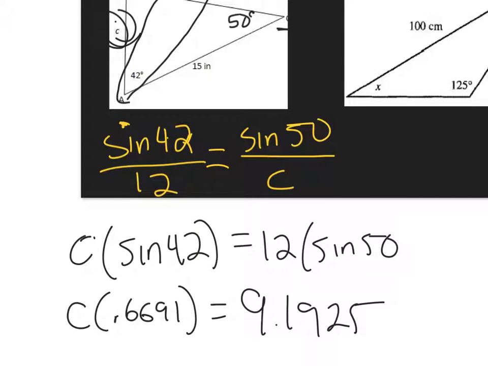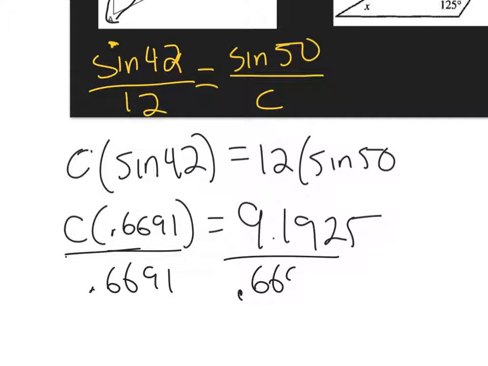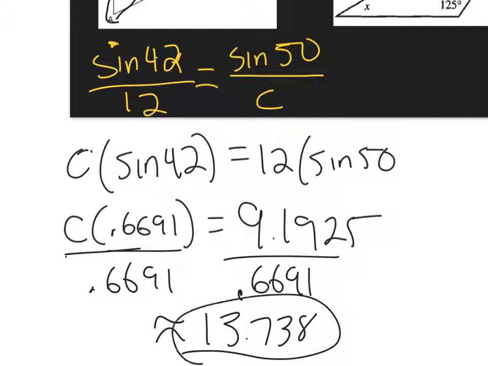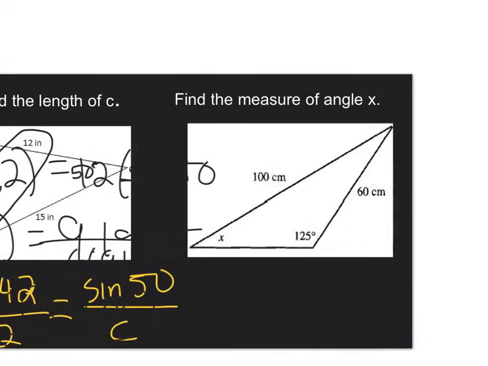So if I divide this by 0.6691, or just divide by the sine of 42, you're going to get approximately 13.738. So you can look at that and realize, okay, that's how big C is going to be. C is going to be 13.78.